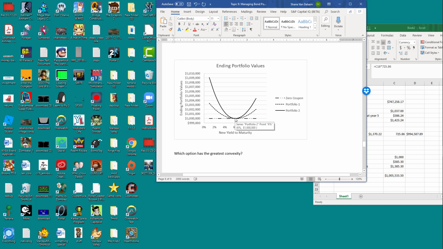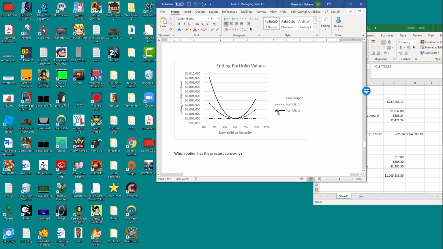As the yield to maturity decreases, the value of that portfolio also increases. So if I'm an investor and I'm looking to meet a goal of $1 million, I know that combining bonds 1 and 2 in the proportions I have above will result in an ending portfolio value of at least $1 million and likely more.